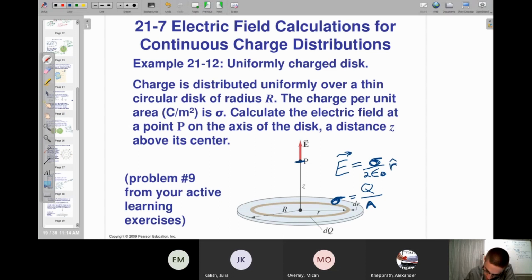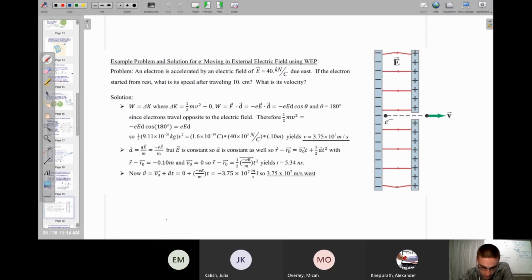Well, let's use n hat. Say this is pointing radially outward in this direction, normal to the surface of the plate. Okay, so we talked about those things.